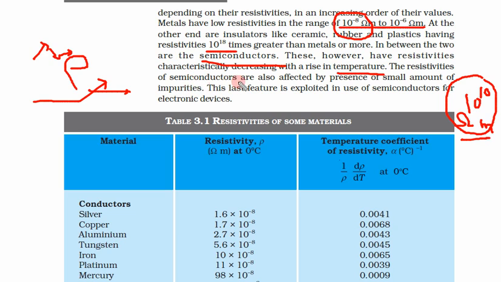The resistivity of semiconductors is also affected by the presence of a small amount of impurities, which we will also study. So there are two things: the effect of temperature and the effect of impurities. This last feature is exploited in the use of semiconductors for electronic devices.